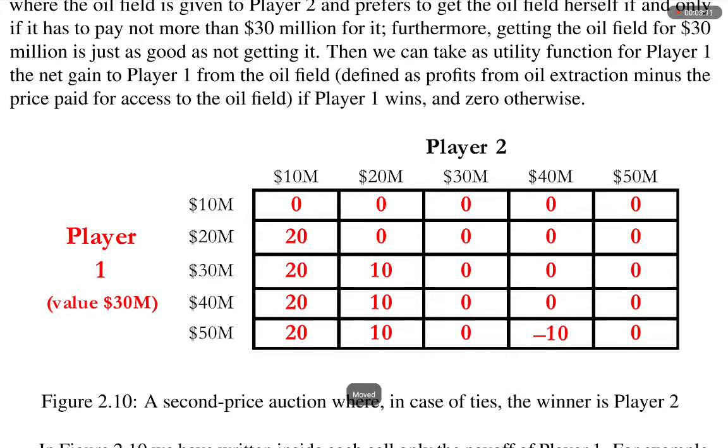Same for the rows as for the columns. 10 million and 10 million is 0. 10 million and 20 million, 0. 0, 0, 0. 20 million to 10 million, player 1, player 2 is 20. 0, 0, 0, 0. 30 million, player 1, and 10 million, player 2: 20, 10, 0, 0, 0. 40 million, player 1, 10 million, player 2: 20, 10, 0, 0, 0. 50 million and 10 million: 20, 10, 0, negative 10, 0.